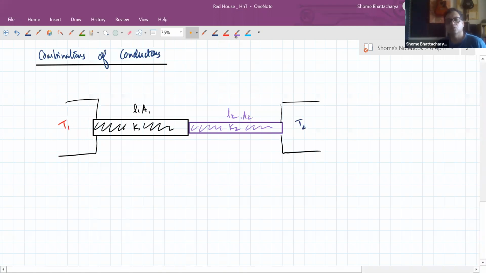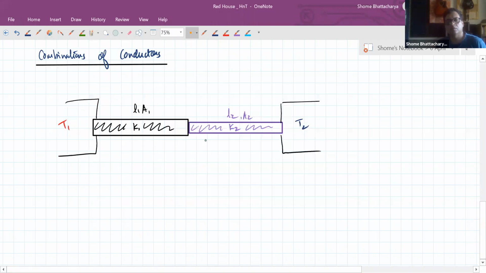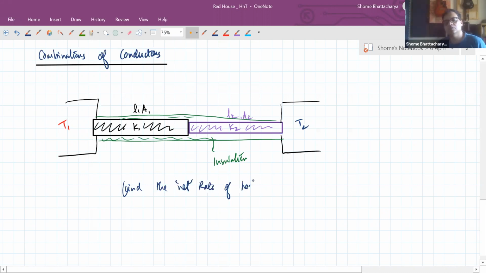Also, we have created some kind of insulation from outside. So now we want to find out the net rate of heat conduction, and we want to find out the temperature of the junction.